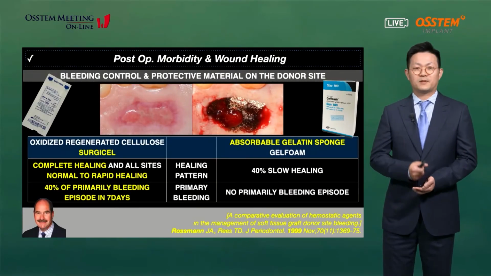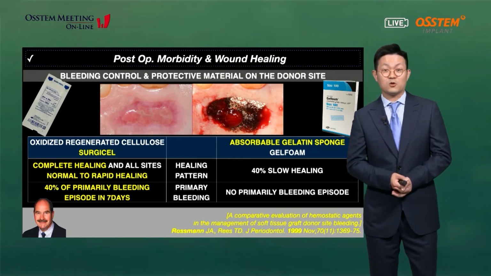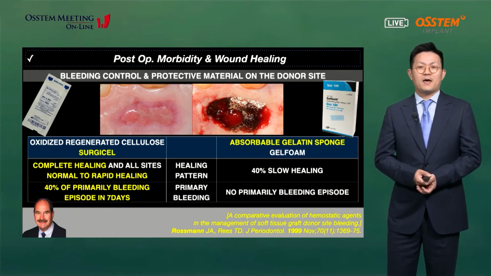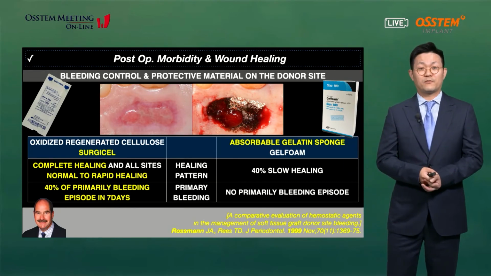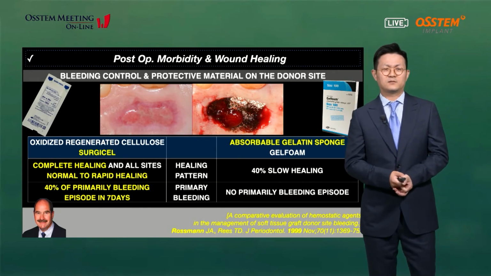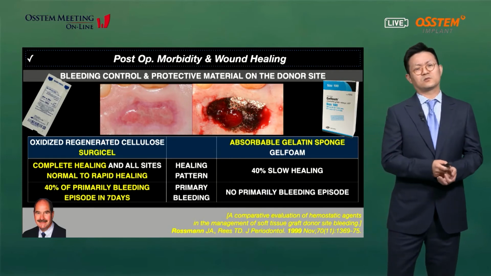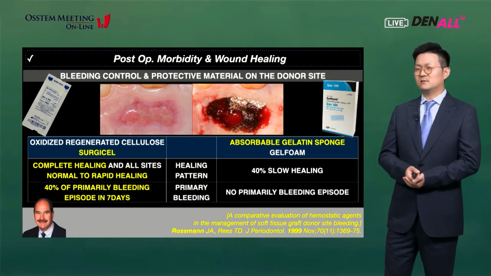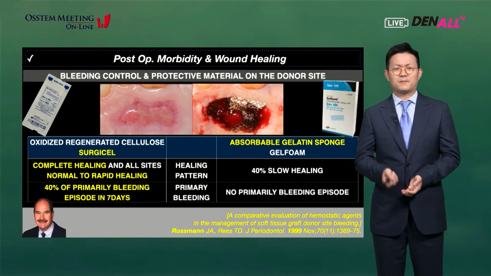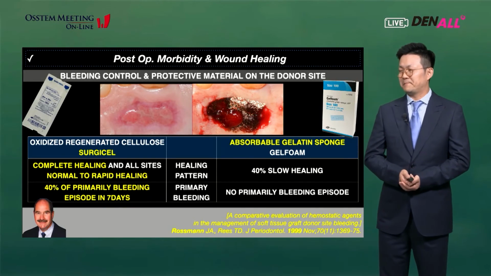So protective materials could be an easy option for clinicians. Surgical gel foam is a widely used material for this purpose, and Surgicel shows faster healing than gel foam. But Surgicel sometimes shows epithelial bleeding.